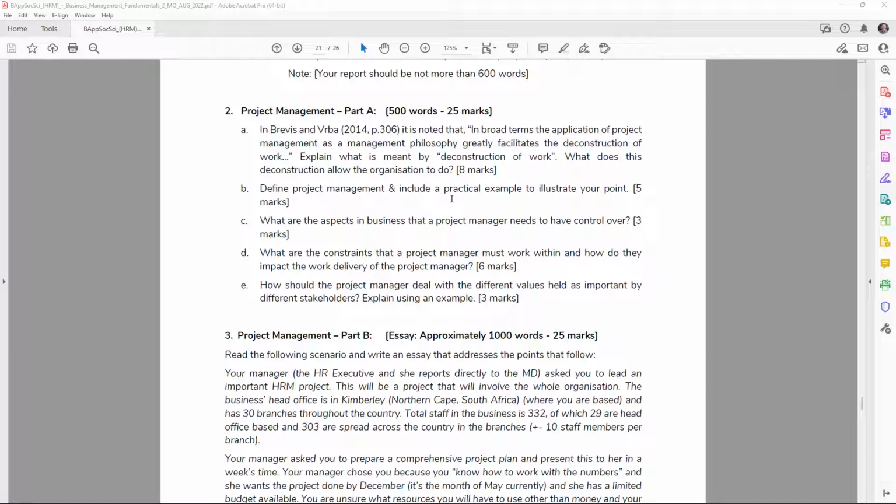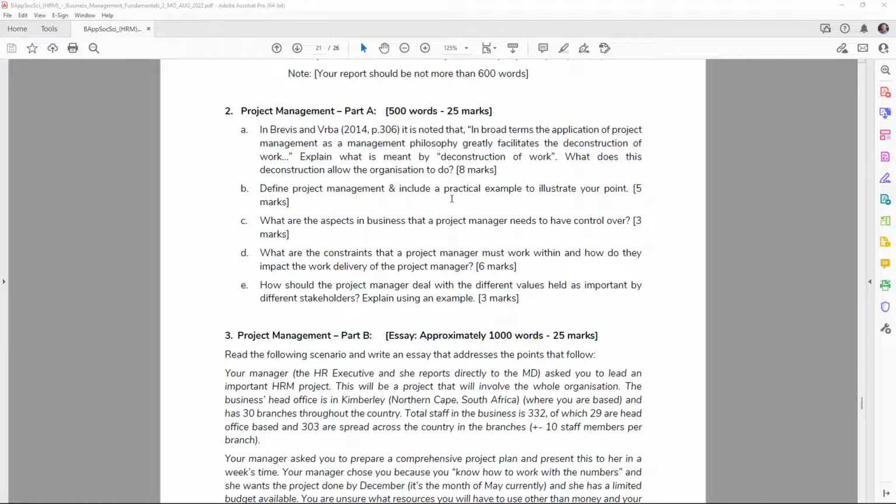So that just gives you an example of the different values held as important by different stakeholders, and the textbook is explicit about that. So just how would a project manager deal with that practically when she or he manages this project?